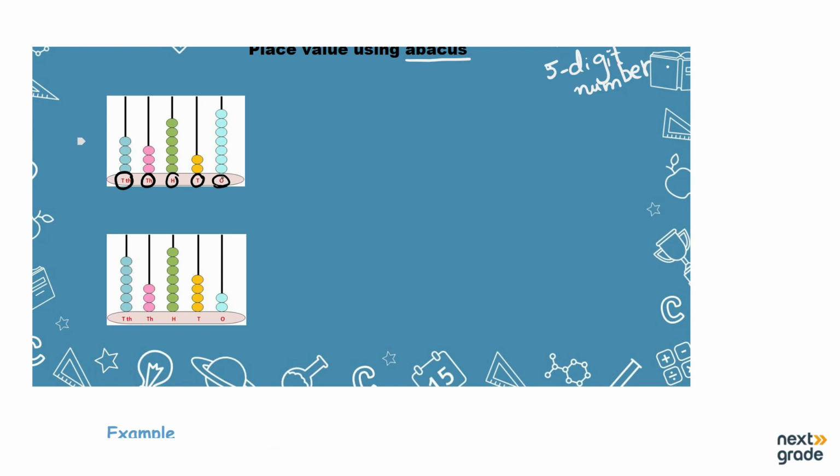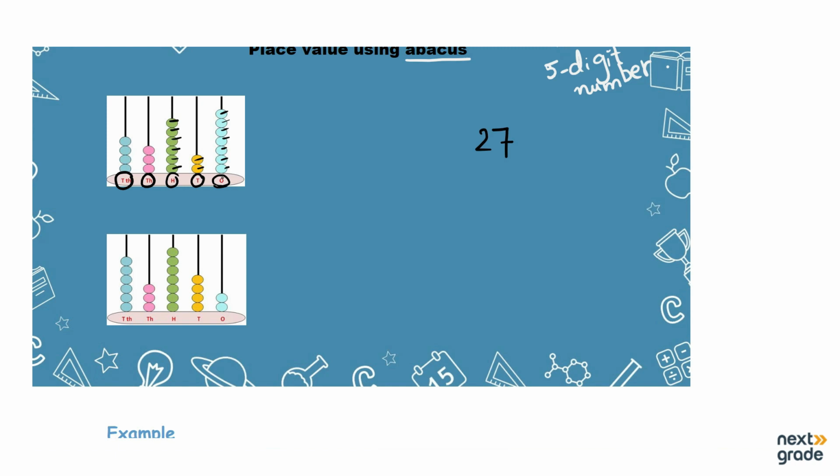Let's count it together. One, two, three, four, five, six, seven. There are 7 beads in the ones place, so we'll write 7 on the right side. Moving on to the tens place, there are 2 beads, so we write 2 with the 7. Next comes hundreds: 1, 2, 3, 4, 5, 6.